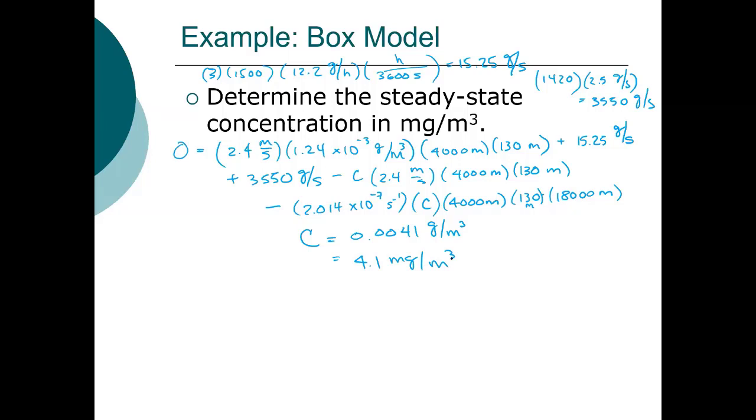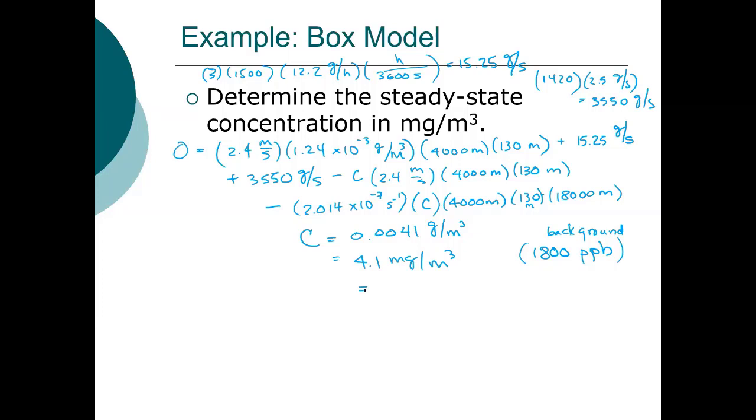And back in the lecture on climate change, we said that background levels of methane right now are about 1,800 parts per billion. And that is just to give you a sense of background.